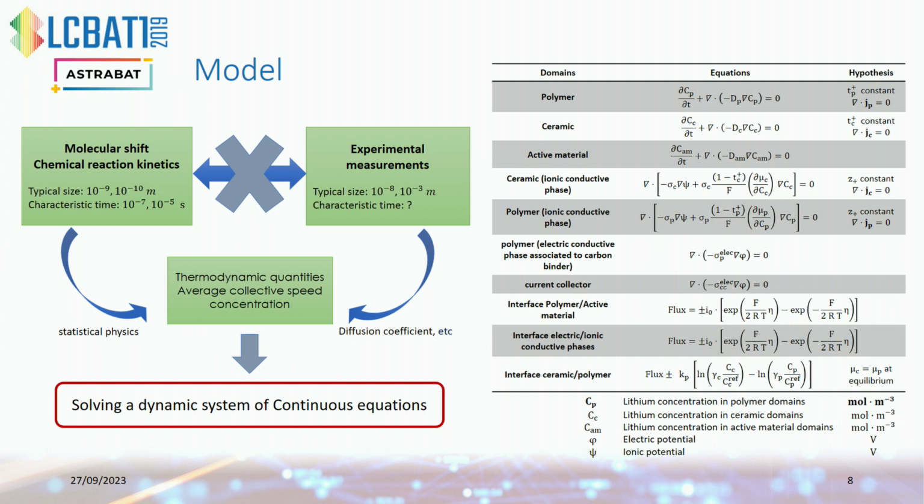So we use the continuity equation with thermodynamics and average collective particles. We will model the fluctuation of concentration and the current of all the particles in the material. So that's the model that we use in the Astrobot project. It's a conventional model in electrochemical works.